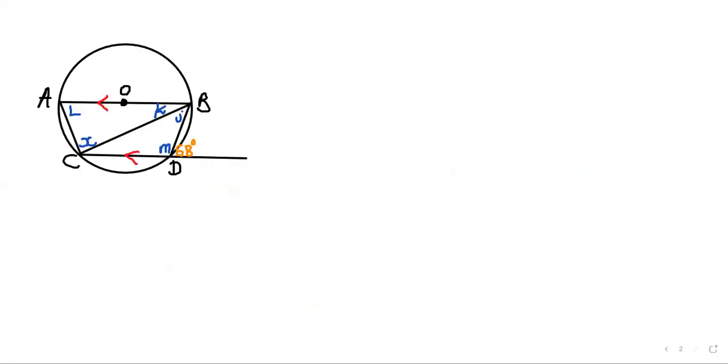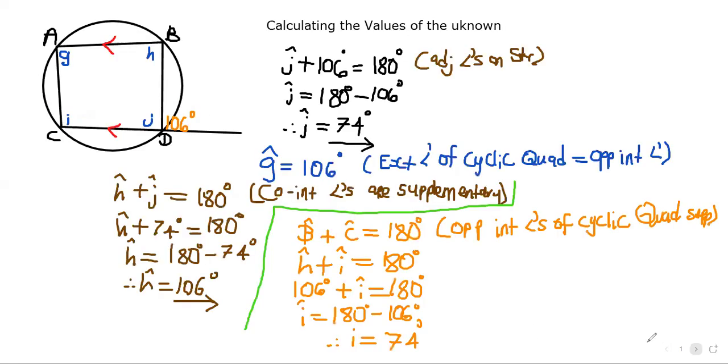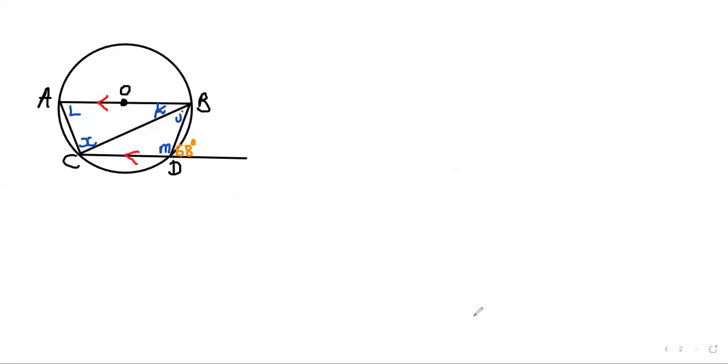So on the second diagram, what we are required to do is still the same question, calculating the values of the unknown, right? So now as you calculate the values of the unknown, we have parallel lines right there.